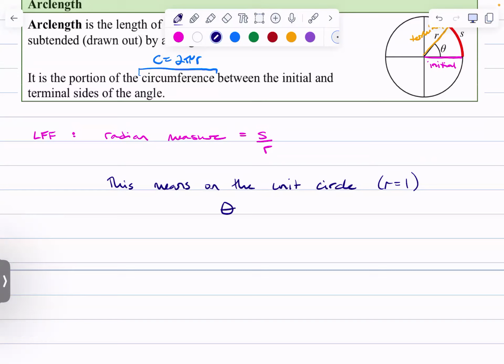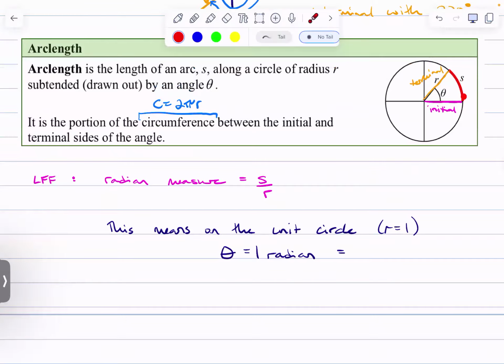Then if theta is 1 radian, right? A radian measure is S over R and the radius is 1, then S must be 1 in order to get to 1, right? And so if the radius is the same as the arc length, then this measure is 1 radian. So that's kind of cool.